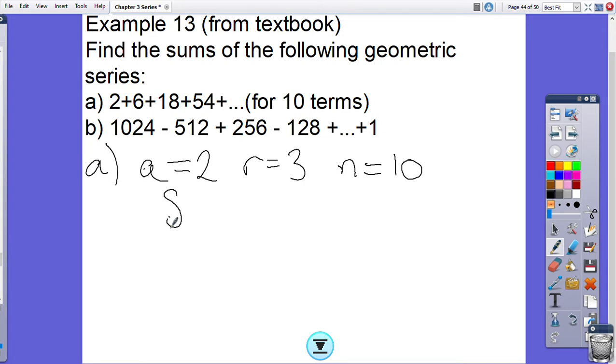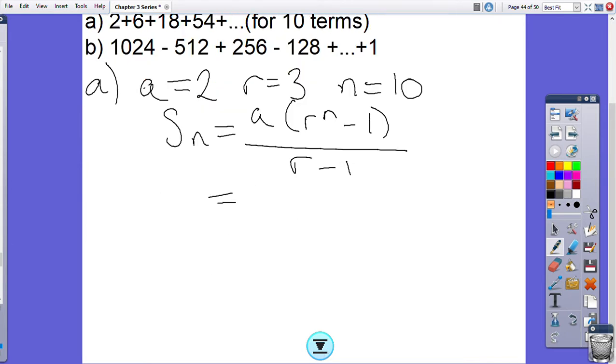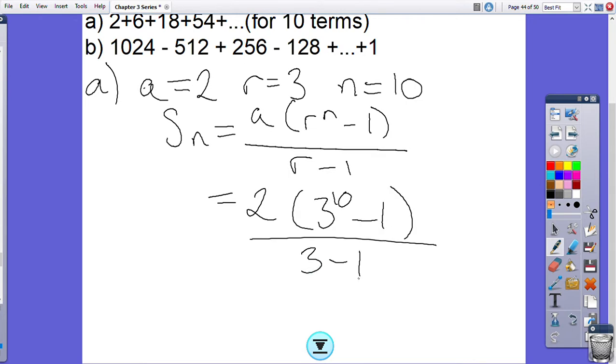Okay, so let's use the formula Sn equals a(r^n minus 1) over r minus 1. And if we just plug some numbers into that, you have 2 and you have 3^10 minus 1 over 3 minus 1.